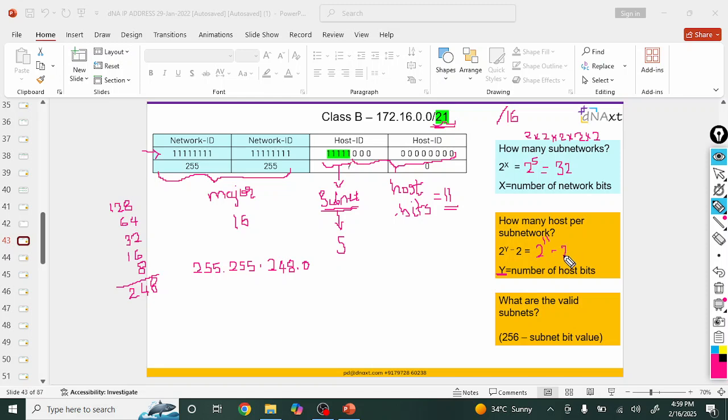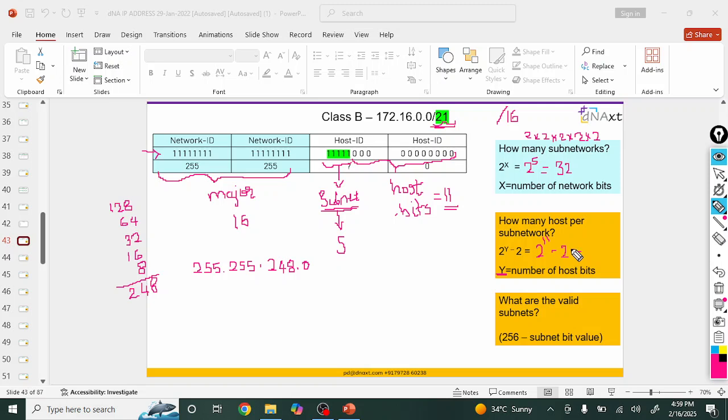Why are we subtracting 2? As we have discussed in the previous videos, 2 addresses are reserved in each subnetwork. One IP address is for network ID and another is broadcast ID. So we have to always subtract these two IP addresses from the total IP addresses you will get. Why?